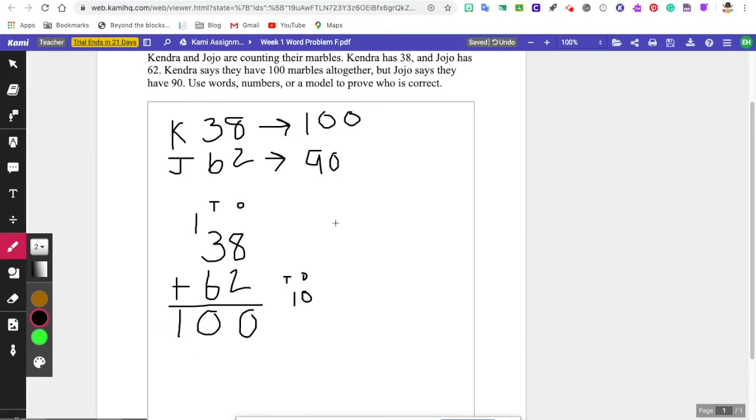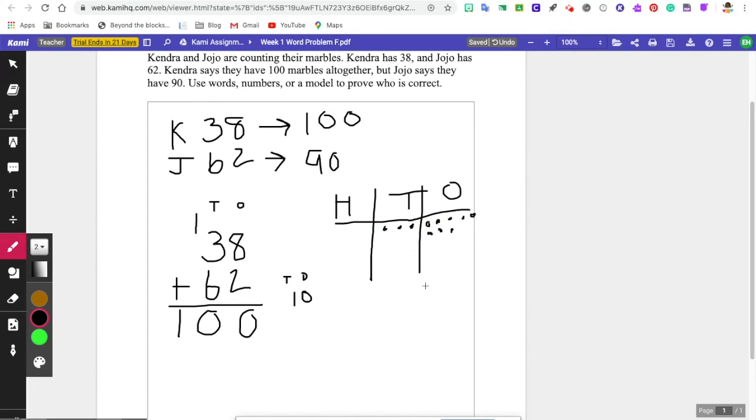If you wanted to use a place value chart, hundreds, tens, and ones. So 38, you have 8 ones: 1, 2, 3, 4, 5, 6, 7, 8, and 3 tens: 1, 2, 3.